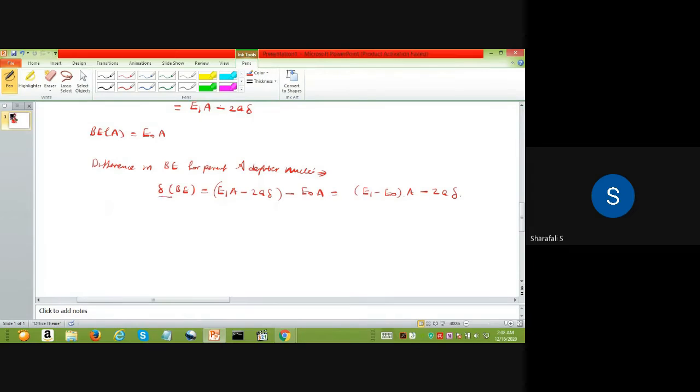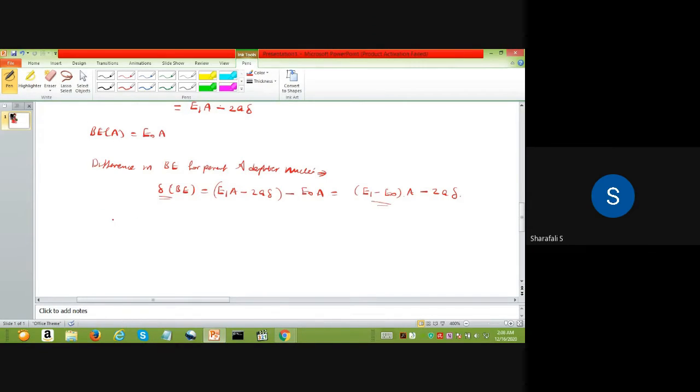So this is the change in binding energy from the parent when, after fission, it becomes those daughter nuclei. Then there will be some change in binding energy, that is this. I will explain that.